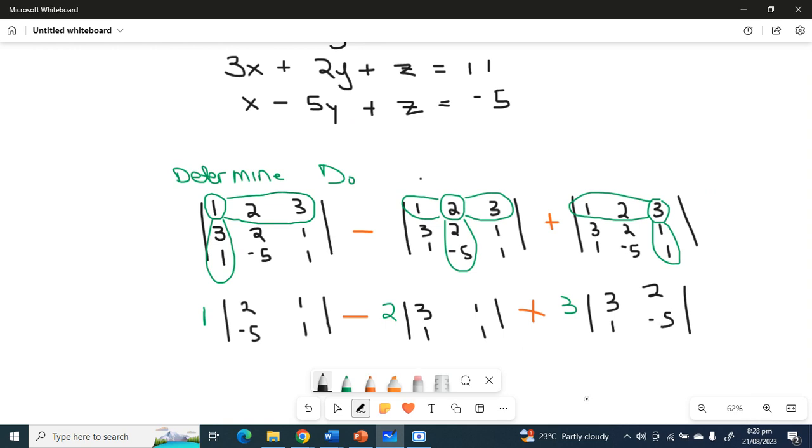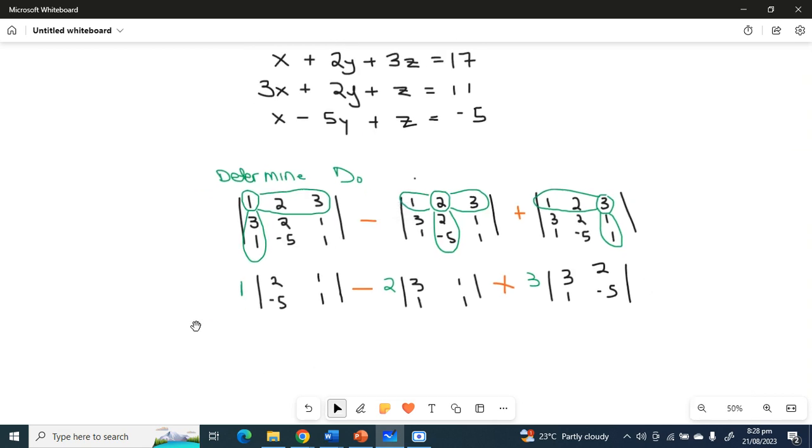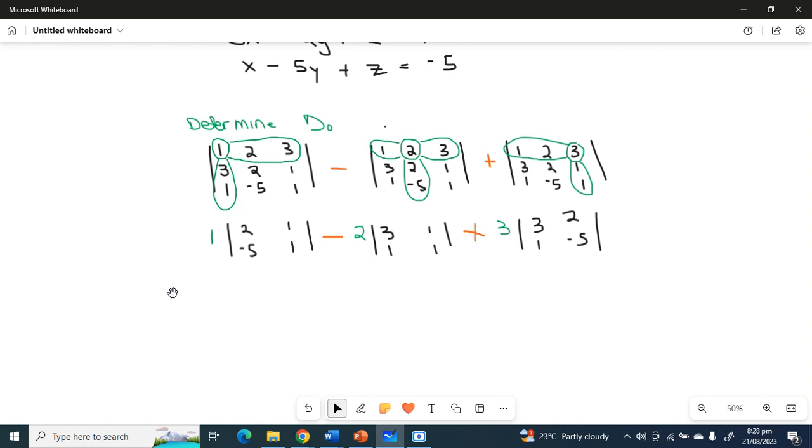After we do this, we're going to find the determinants of these 2 by 2 matrices.